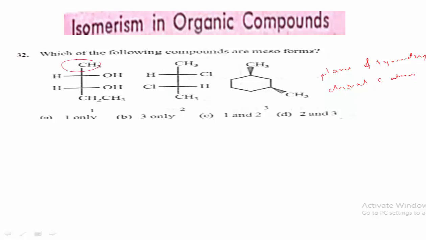Here a CH3 group is present, but here CH2CH3 is present. So this doesn't contain similar groups. But when you observe this compound, here also CH3, here also CH3, here H, and this also contains H, and Cl, Cl. It contains similar groups, but if you fold this according to this plane of symmetry, they do not coincide with one another.